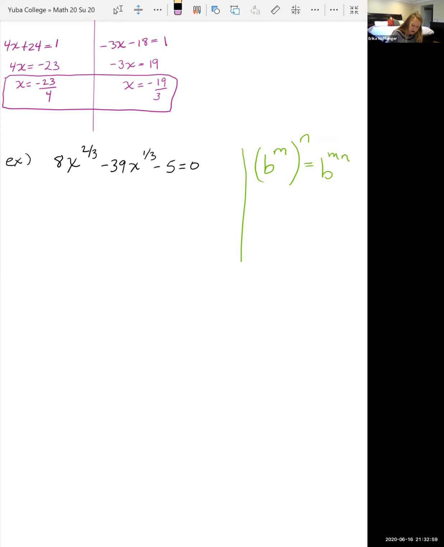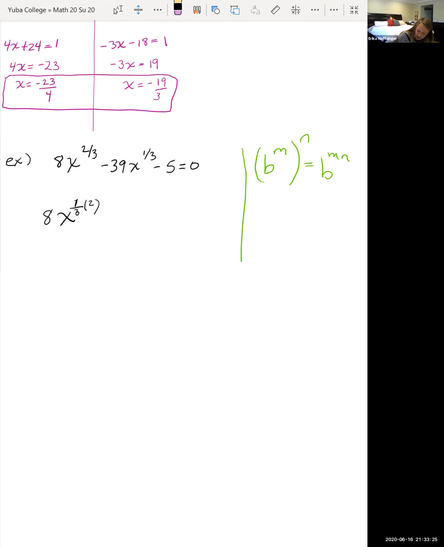This x to the 2/3 power could be rewritten as a power to a power, because technically 2/3 could be rewritten as 1/3 power times 2. 2 times 1/3 is 2/3.